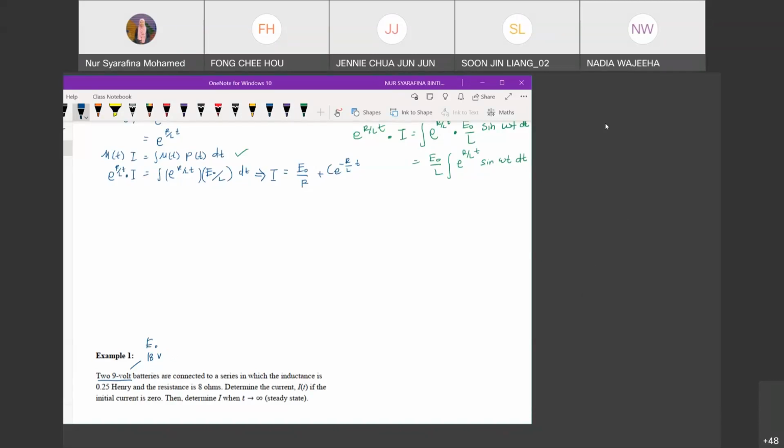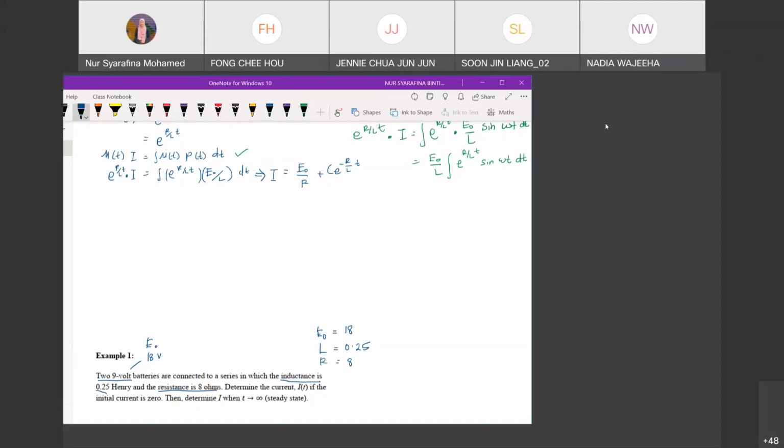And then the inductance 0.25 is what? L. Okay, L is 0.25, and the resistance R.